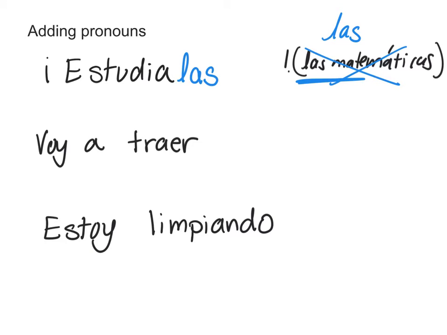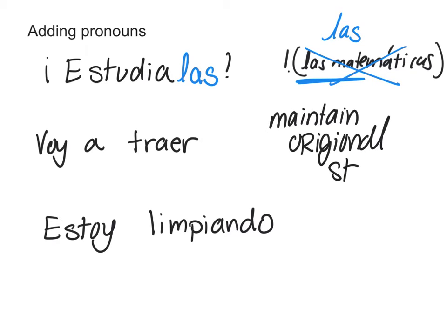So the idea is that we want to maintain the original stress. That's important: maintain the original stress. So we want to figure out, okay, where was the stress before I put this las on? Let's look at this word.